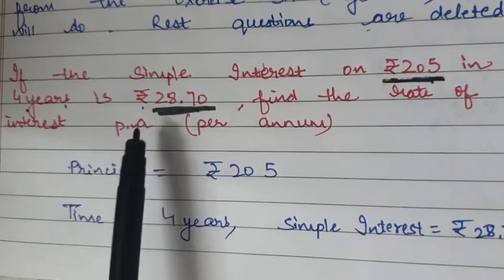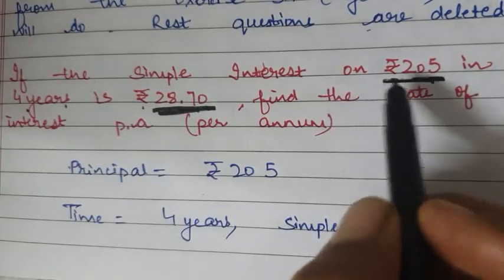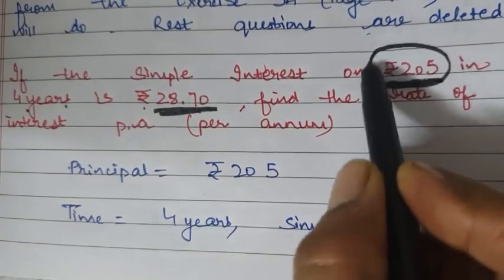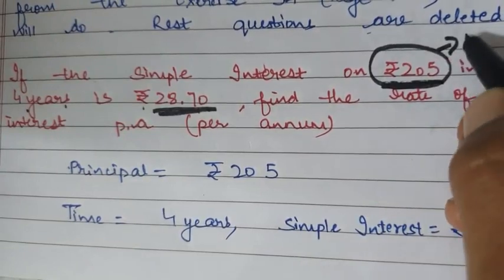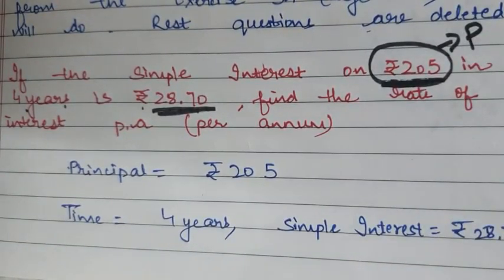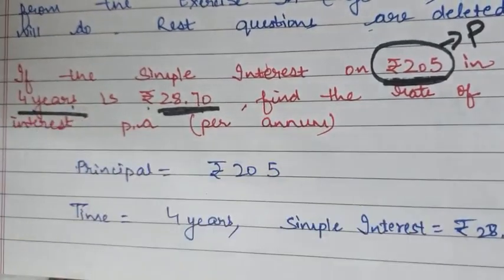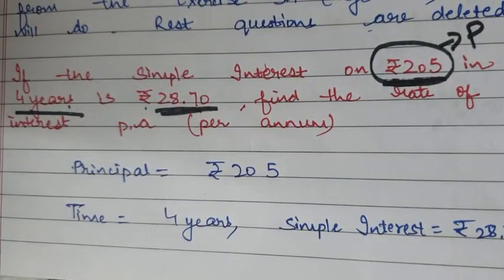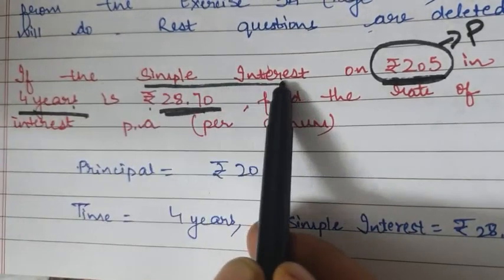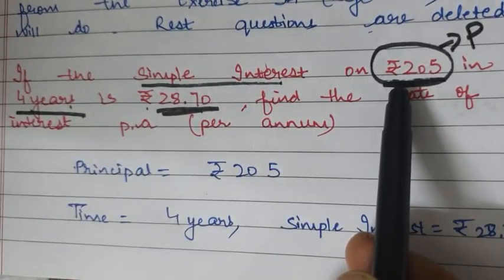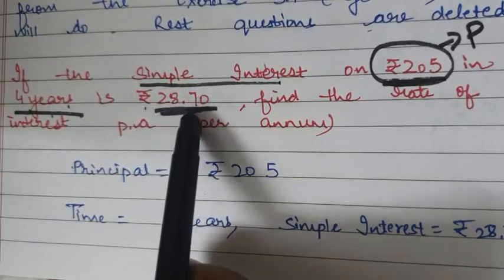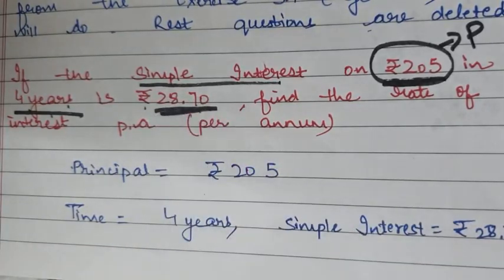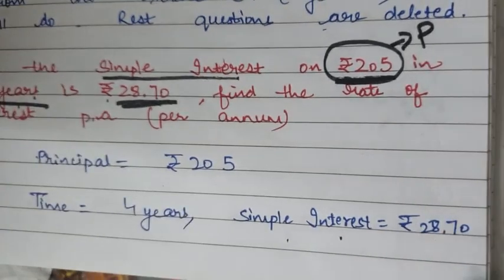Now children, it is given to you that simple interest on rupees 205, this is principal, and the time is 4 years, and the simple interest is 28.70.